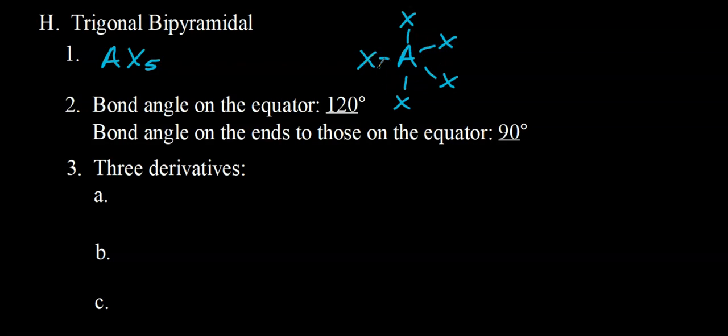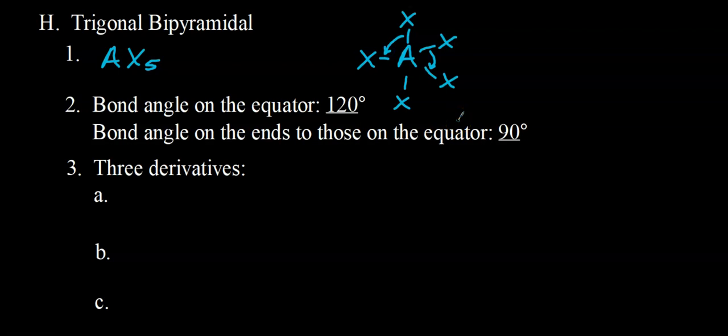The distance between these equatorial positions is 120 degrees. And then you have a bond sticking up and a bond sticking down, perpendicular to the plane of the other bonds. These are called axial positions. So you have axial, A-X-I-A-L, and equatorial. The distance between axial and equatorial is 90 degrees.